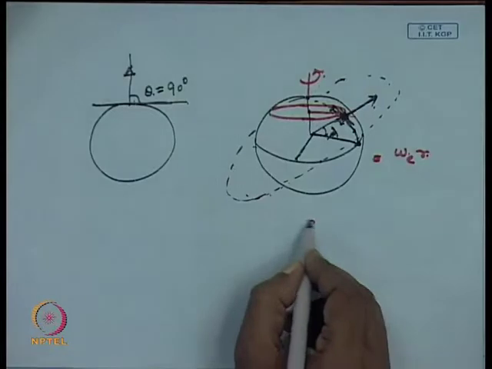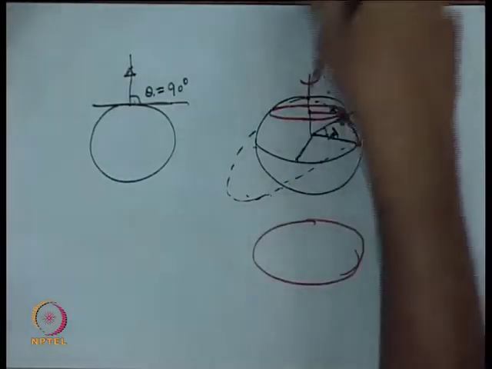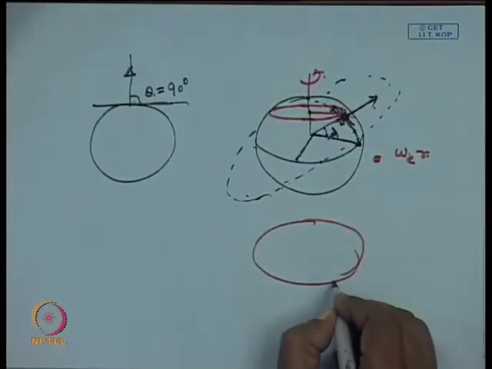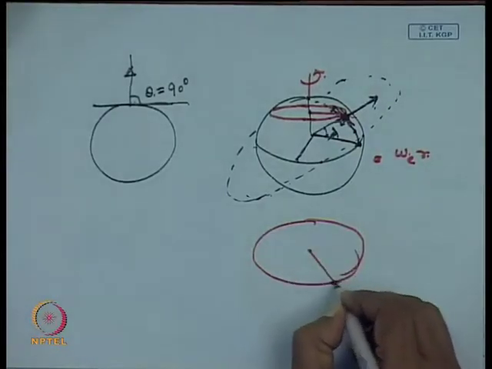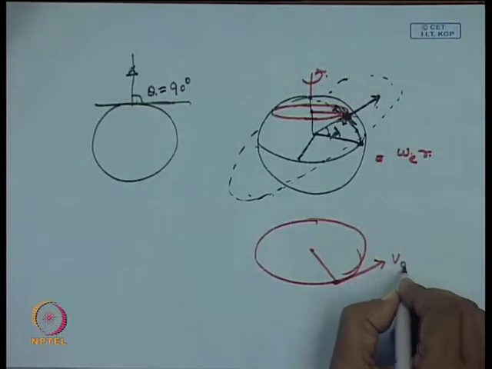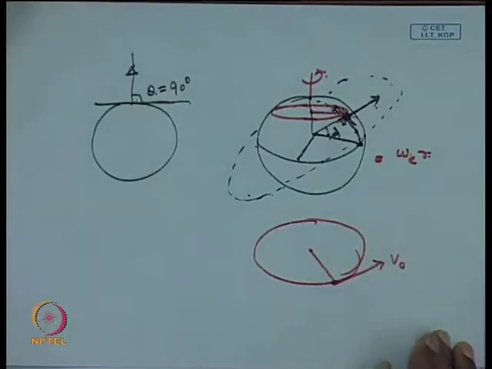So, if you are looking from the top, and your launch station is here, this velocity is basically tangential to the surface, and it is appearing like this, v 0.